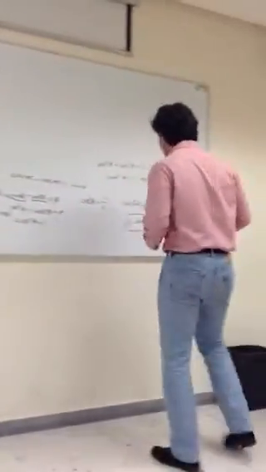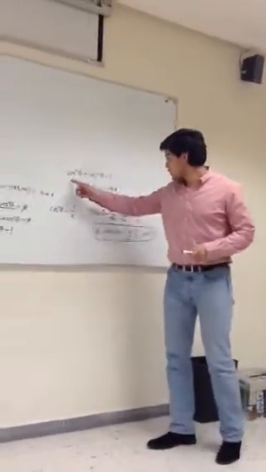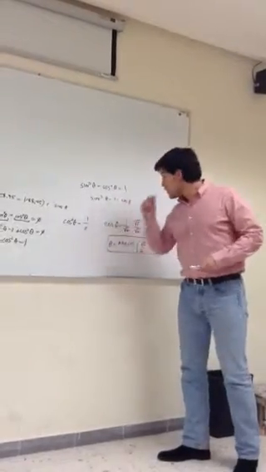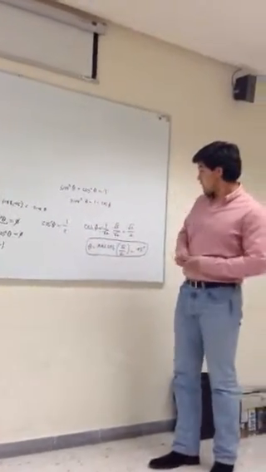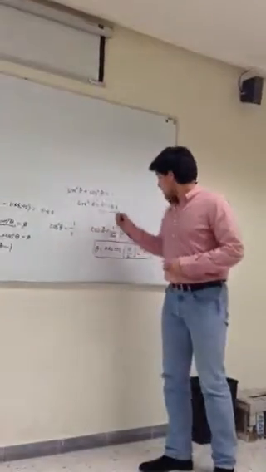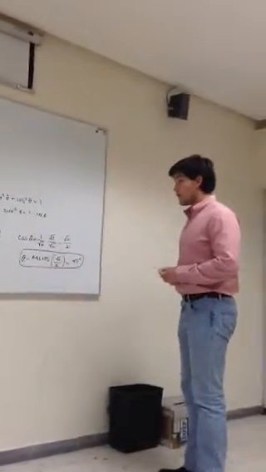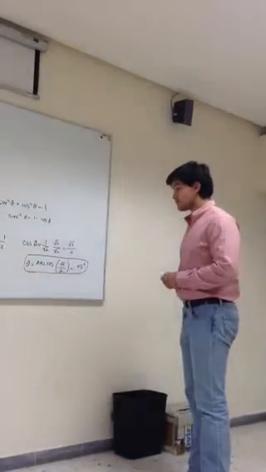So now, with the trigonometric identity sine squared of theta plus cosine squared of theta equals 1, I can substitute sine squared of theta with this.